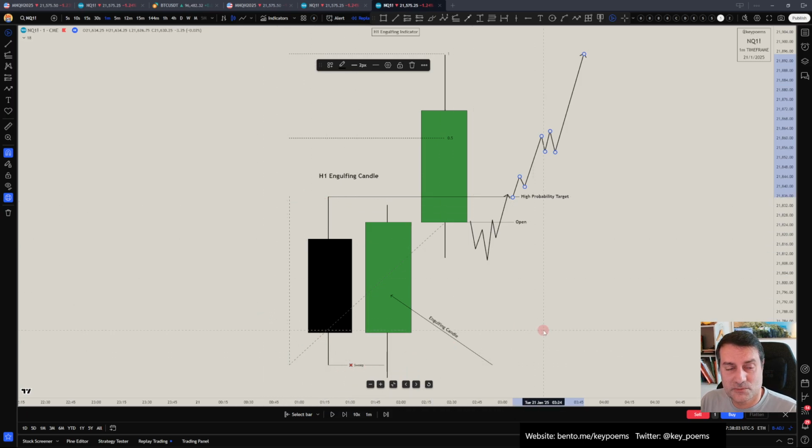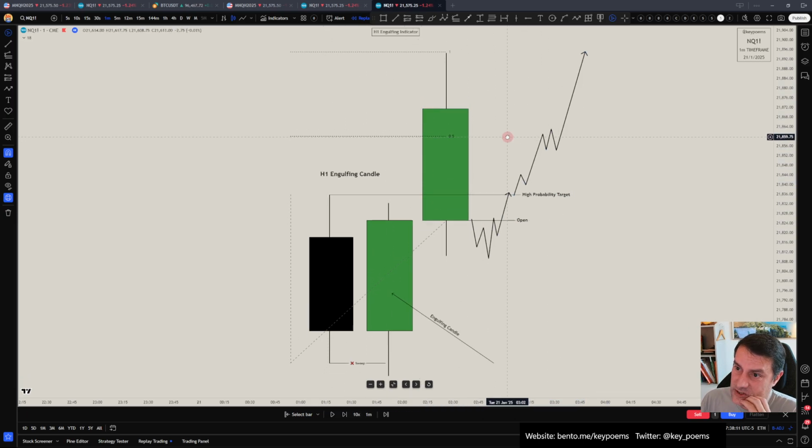Now, the answer is that there's a crazy high probability that from the open we breach the high of this candle, if it hasn't been already. And there are very high probabilities that we'll reach above a certain percentage above this candle.